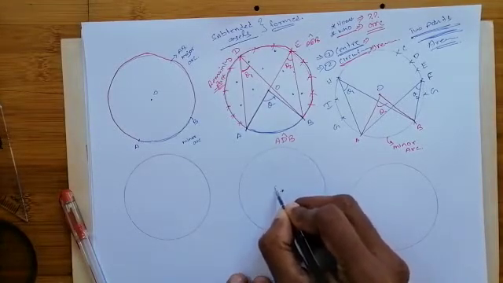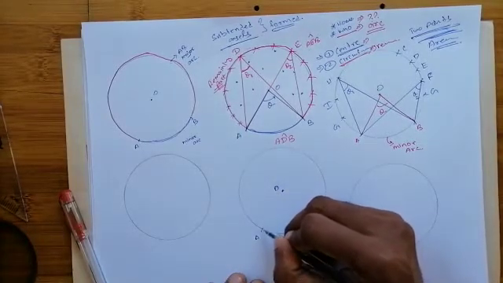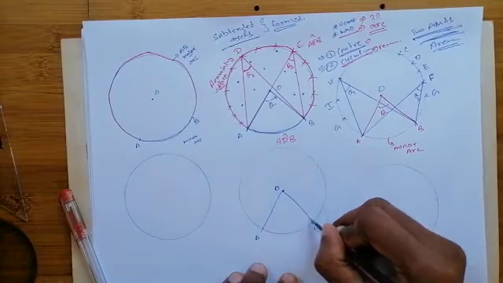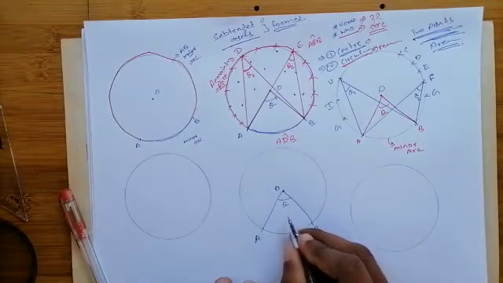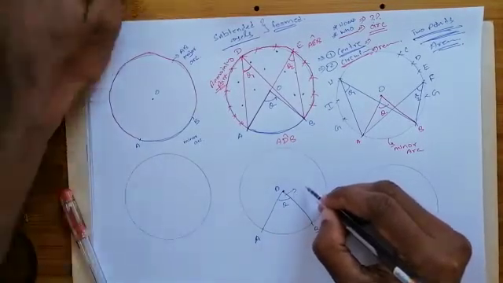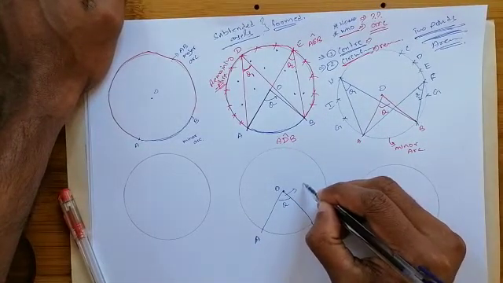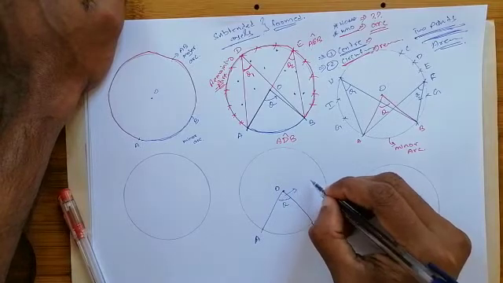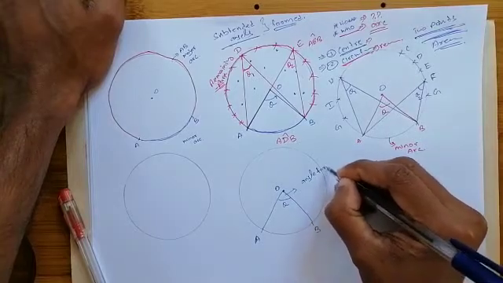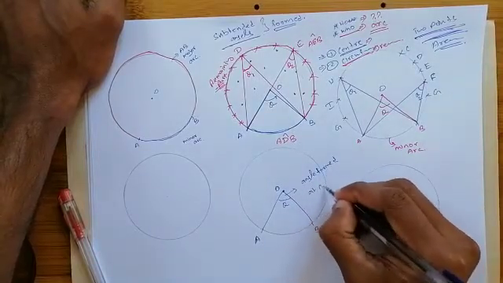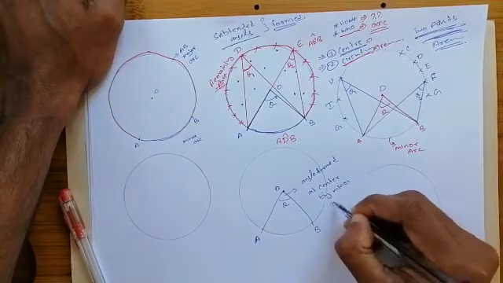Draw a circle, center is O, mark a minor arc AB and connect the ending points A and B to O. Name the angle theta: angle formed at the center by the minor arc.